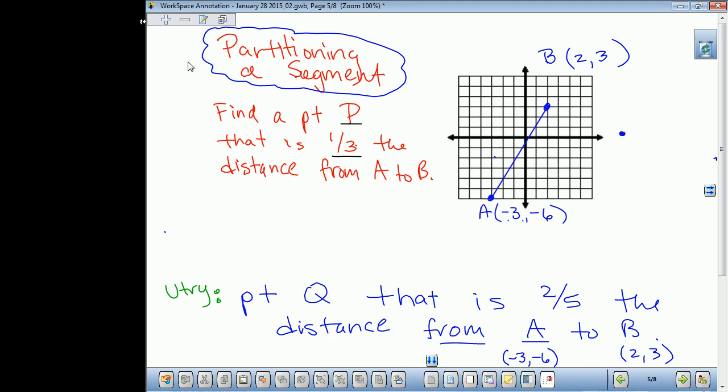Where do we put point P so that it is 1/3 the distance from A to B? So we have this line segment AB, and we want to go 1/3 of the way on this directed line segment. Now, what have we used before that gives us a directed path?